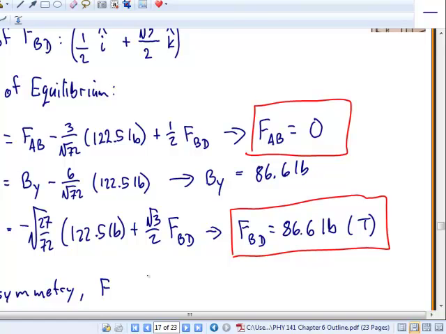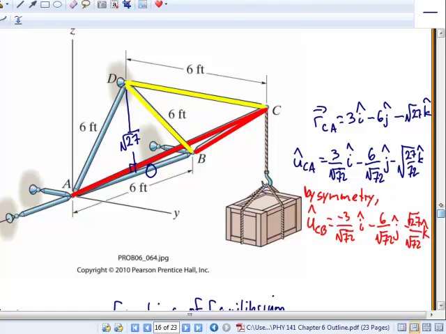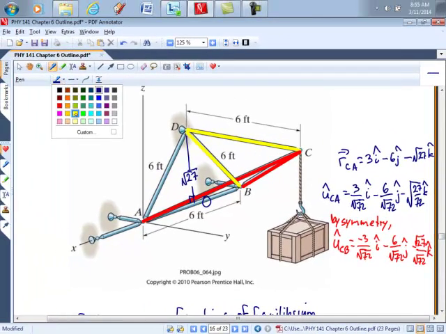And that would be FAD equals FBD. Yeah, I said BD. Equals 86.6 pounds tension. I'm going to go back up here and draw that in as complete as well.